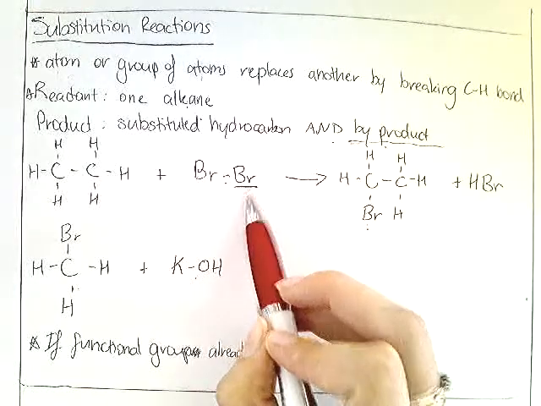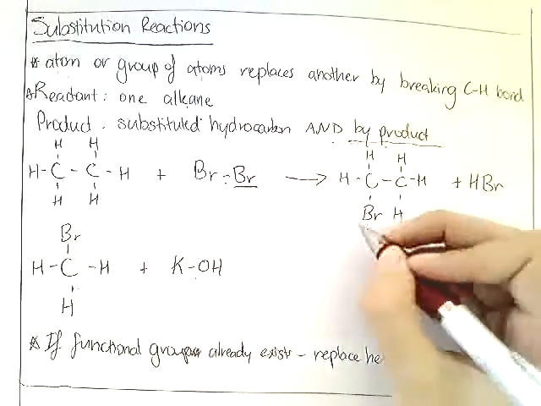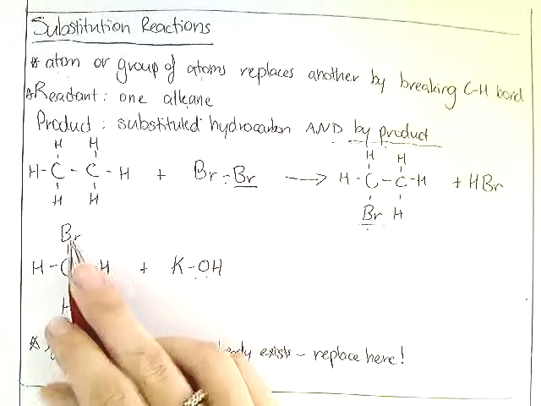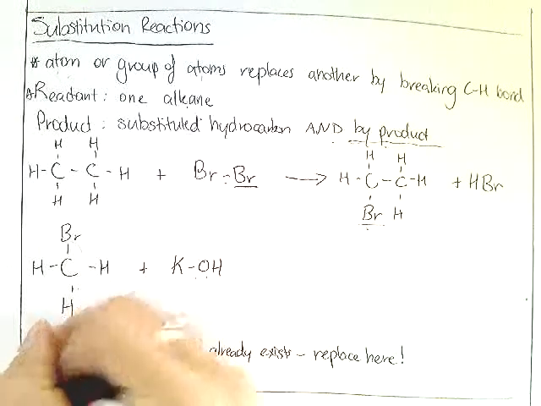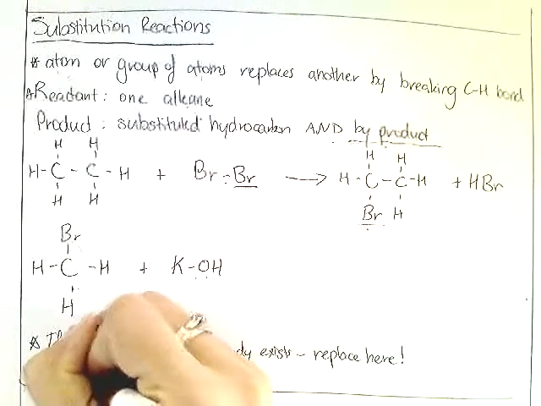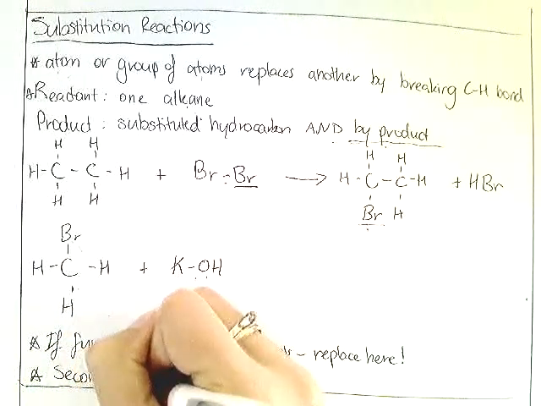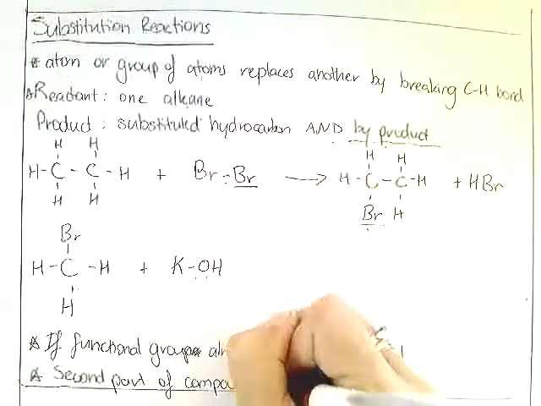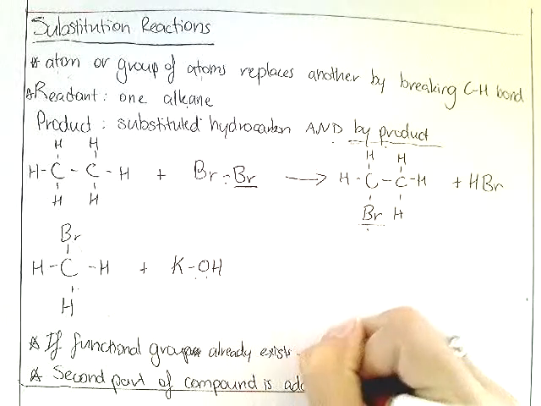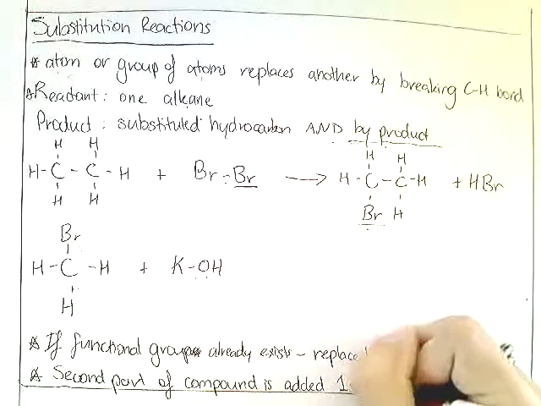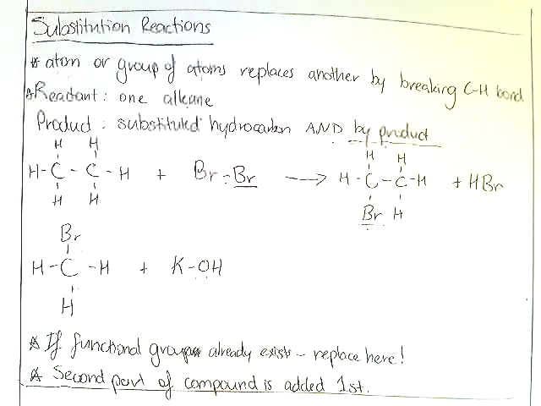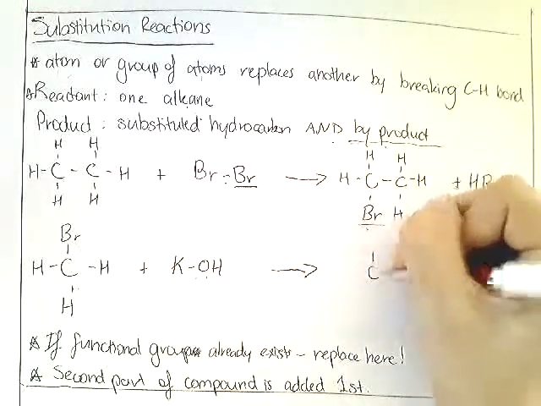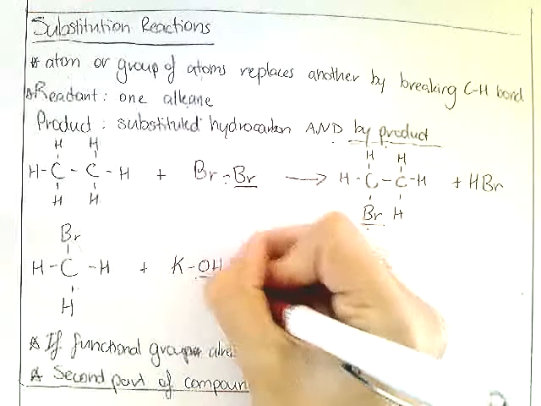That's purposefully why I did this bromine in the first example. This hydroxide is going to replace this bromine. So I'll just write that in a note, that the second part is added first.